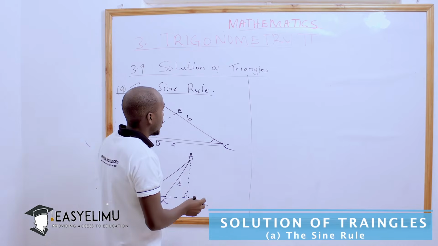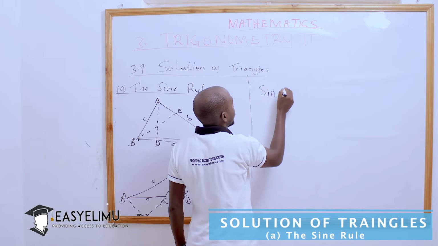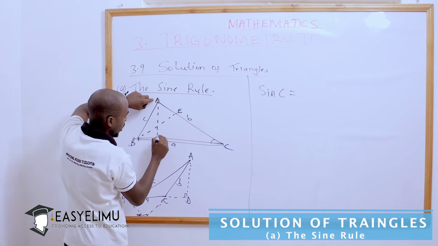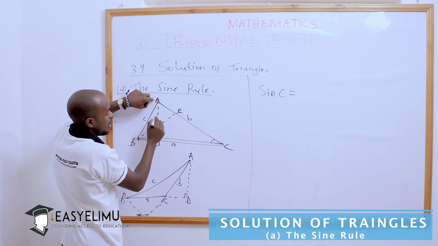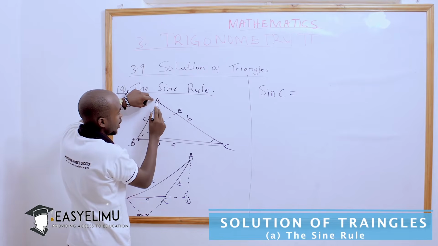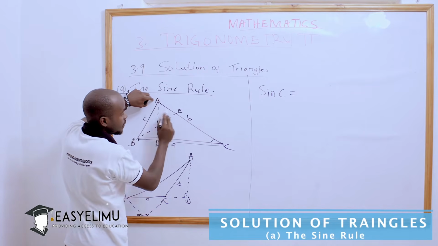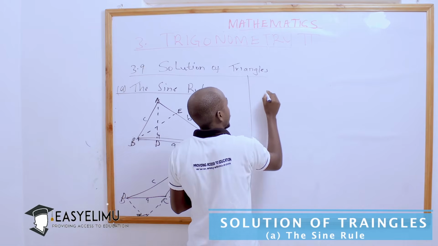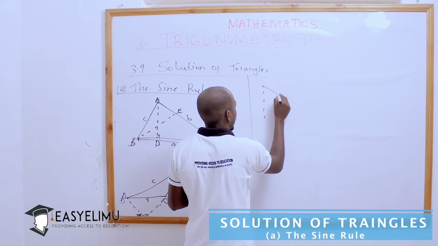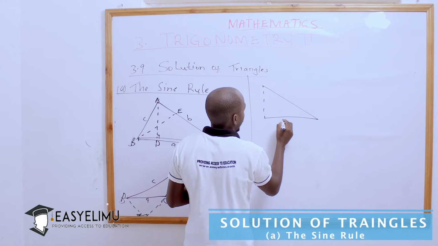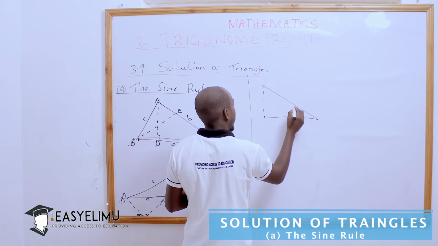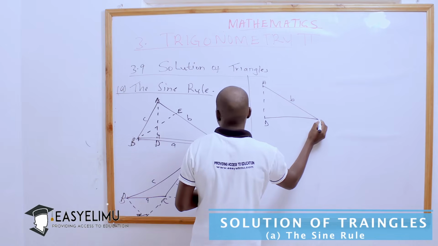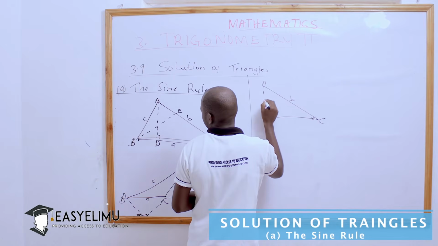So to find the angle, sine C is equal to, now we have the line which we make a perpendicular, so we shall have the triangle ADC. With this side we have been provided with B, and this side AD is what I require.